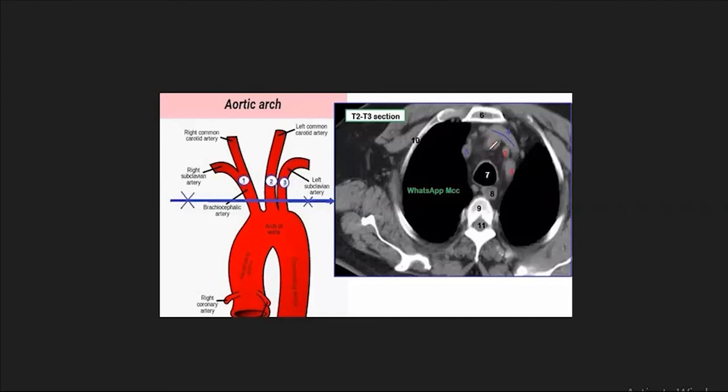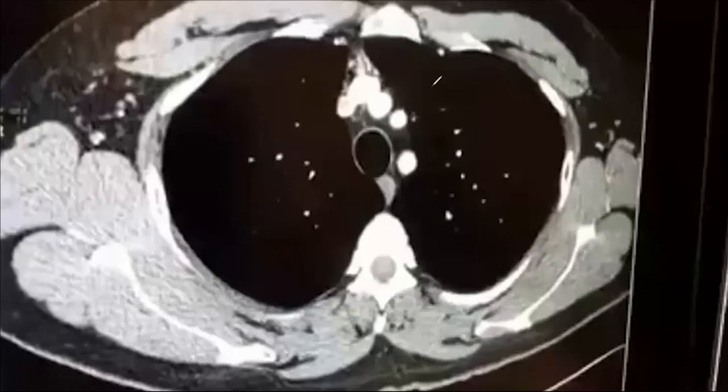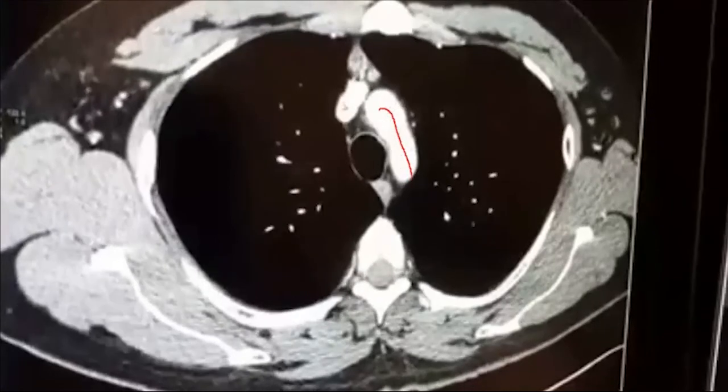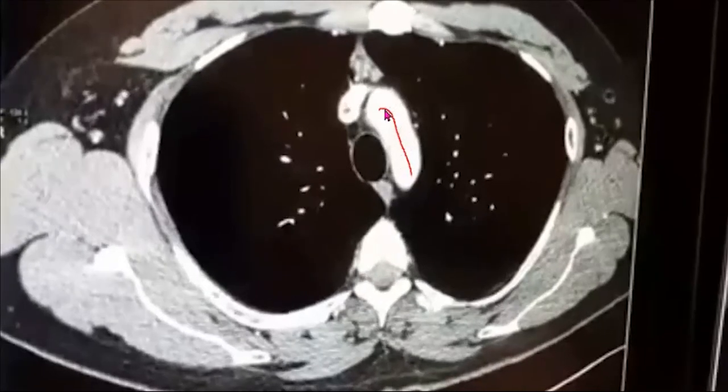As we scroll down, they will come closer and finally merge with the arch of the aorta. Now let us play this video and check. Now as you can see, these three branches of the aorta finally merged with the arch of the aorta.